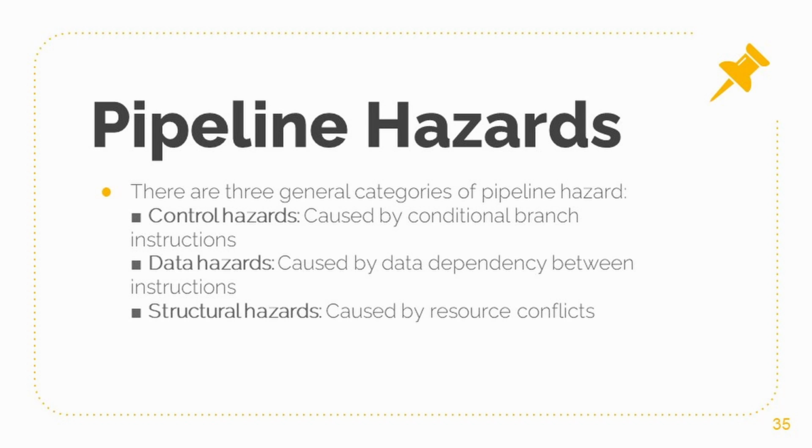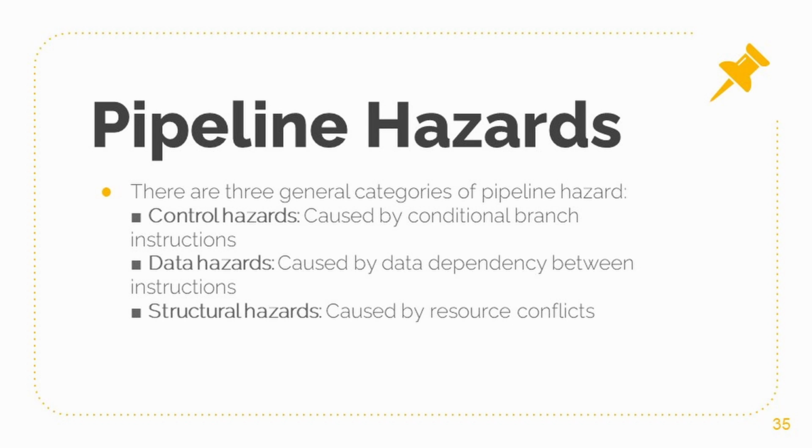Structural hazards arise due to conflicts over hardware resources within the CPU pipeline. For example, if multiple instructions require access to the same execution unit or memory port simultaneously, a structural hazard occurs, and the CPU may need to stall one of the instructions until the resource becomes available.